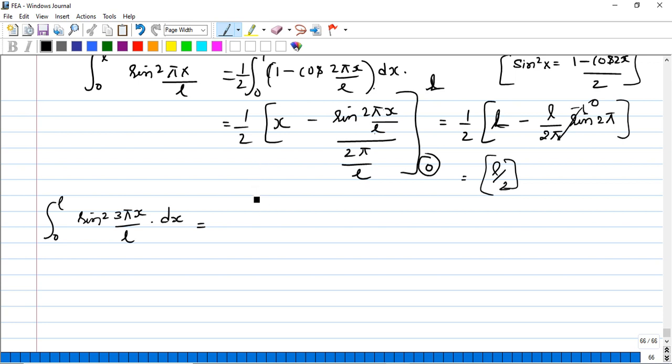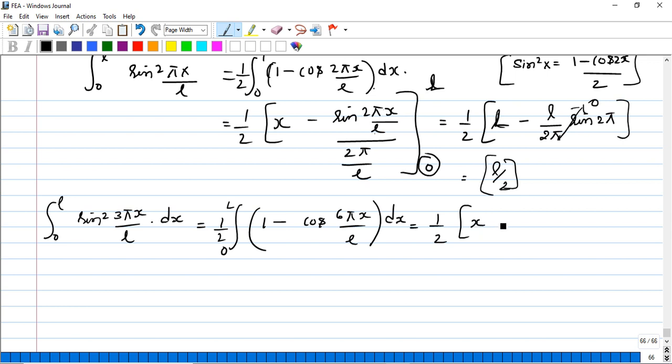So when I substitute, I get the integration from 0 to L, taking half outside, of 1 minus cos 6 pi x by L into dx. When I do the integration, I get half of x minus sine 6 pi x by L divided by 6 pi by L, with limits 0 to L.